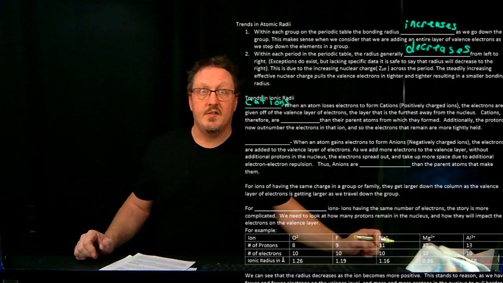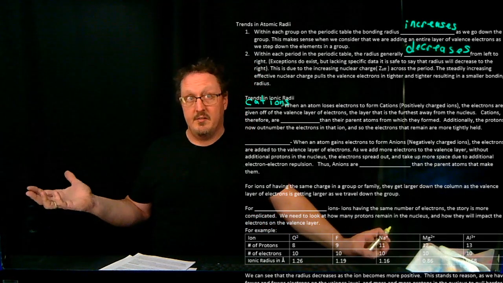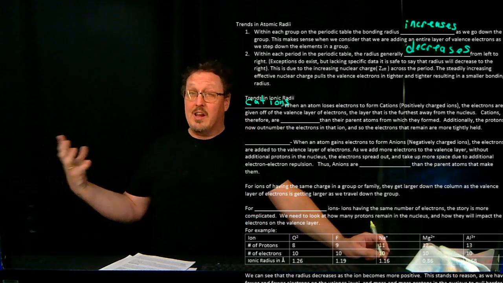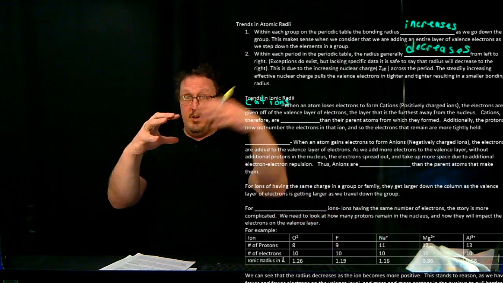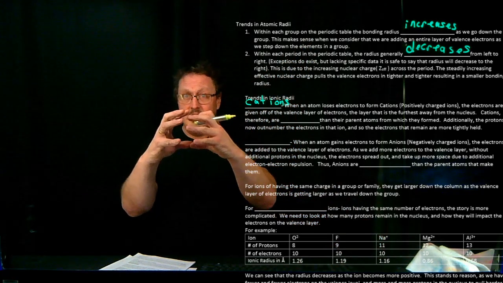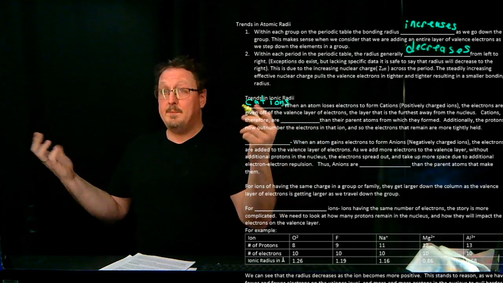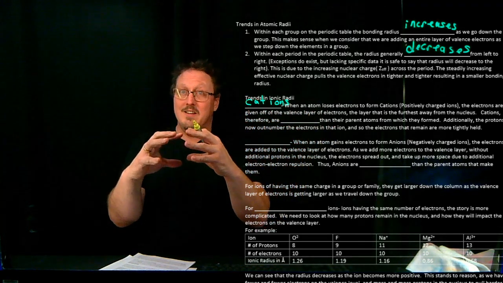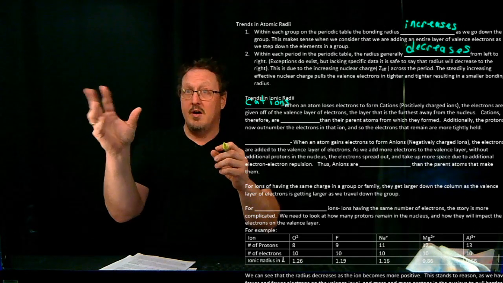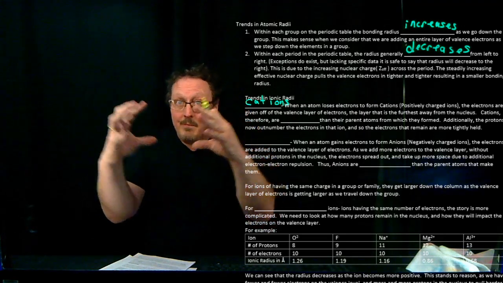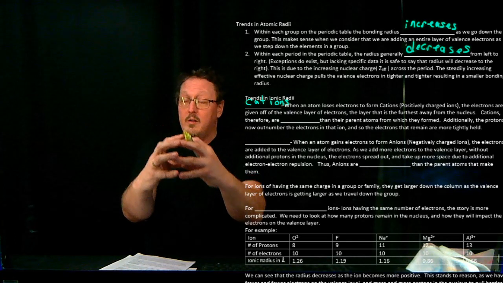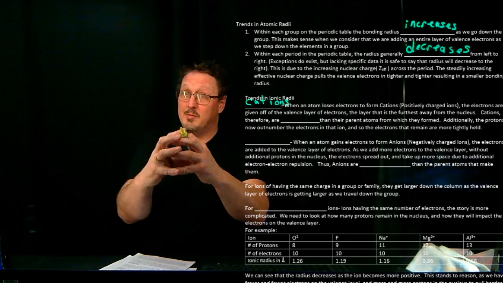When an atom loses an electron to form a cation, the electrons are given off from the valence layer, peeling off from the outside layer. In the case of a sodium atom, you have one valence electron in that outside layer, and it peels off that one electron and gives it away. Now it's back into its core electron group, and so it's a little bit smaller.